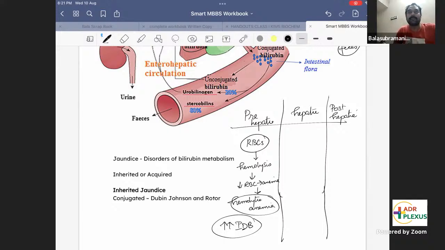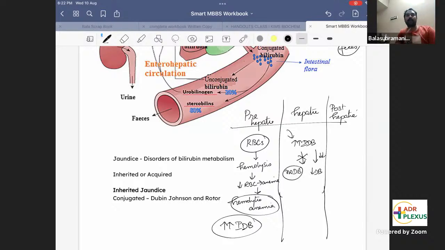Now this indirect bilirubin has to come into the liver. Otherwise there is no hemolysis, so let us assume that the body is not experiencing any kind of hemolysis. The indirect bilirubin is coming into the liver, and in the liver it has to be conjugated. But if there is a lot of indirect bilirubin coming up and the conjugation process is not happening, or is decreased, then there will be decreased direct bilirubin or no direct bilirubin.